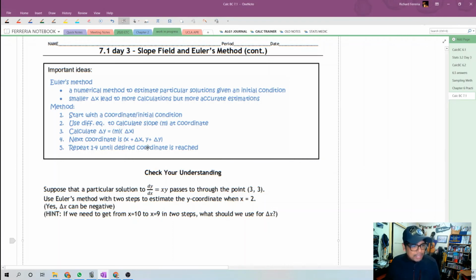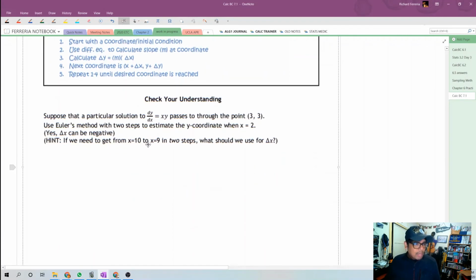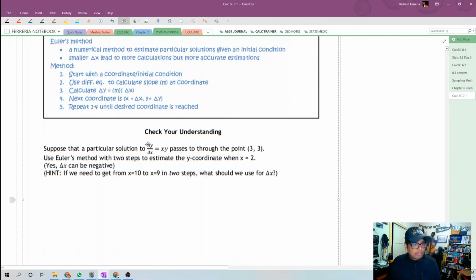Let's practice this with check your understanding. Suppose the particular solution to dy dx equals xy passes through the coordinate 3, 3. Use Euler's method with 2 steps to estimate the y-coordinate when x is equal to 2. Okay.